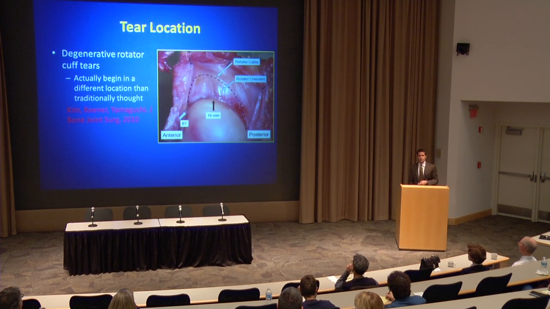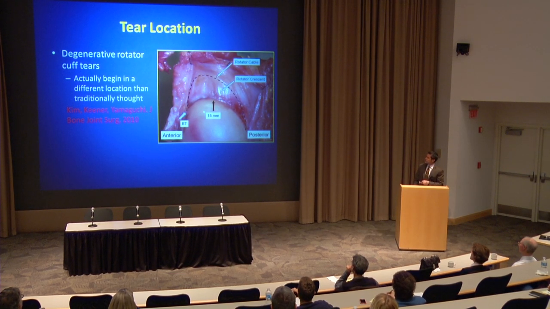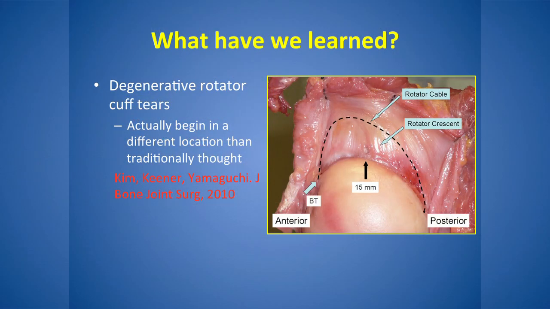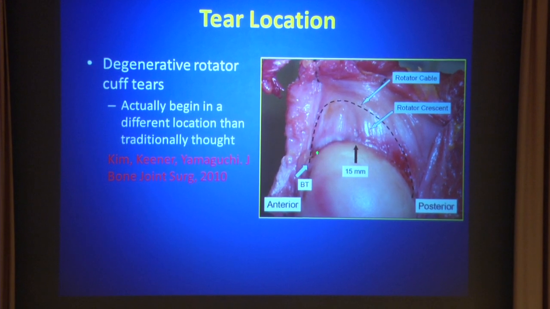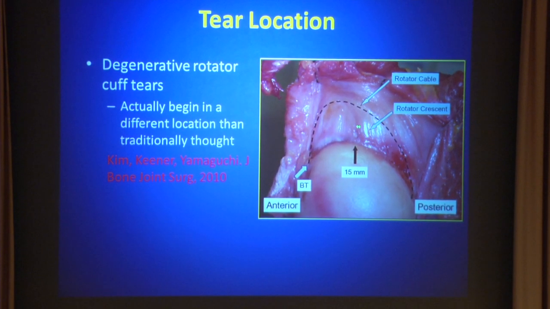Some of the most interesting research that we've done actually looked at the location of tears. For years, it was felt that the tear in the rotator cuff happened in the tendon insertion right behind the biceps tendon. And that was the convention for 15, 20 years. Some very interesting research done here shows that the tears actually start a little bit further back in the rotator cuff, in the middle of what we call the crescent of tissue.